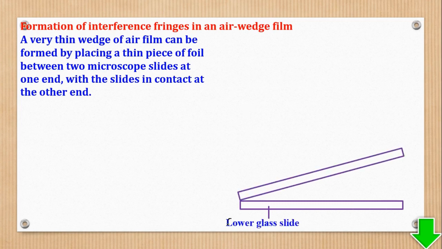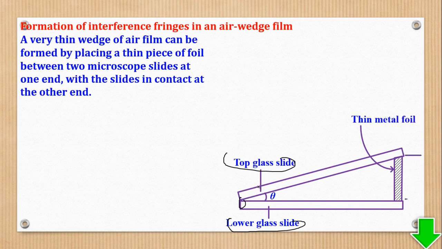So you have a lower glass slide and this upper glass slide. So one end is in contact at an angle theta, then the other side is separated by a metal foil. It should be thin. And this D is what we call the thickness of the metal foil. Okay. And in between is what we call the air wedge. So we shall label this part A and this one part B for some derivations, which we shall do.